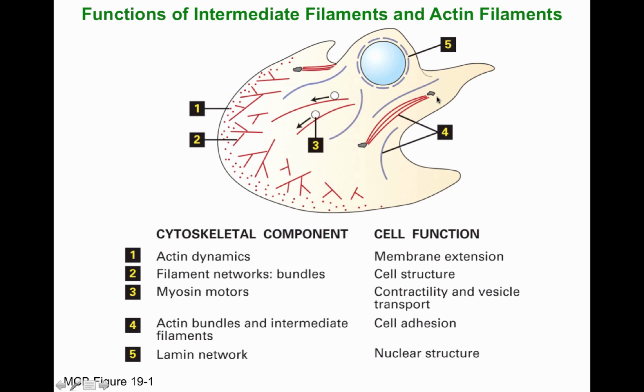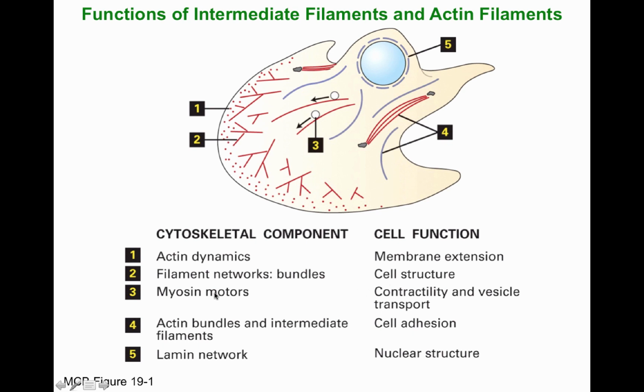Last but not least, number 5, you have a series of intermediate filaments and actin filaments that are used to mediate cell adhesion. The actin dynamics are able to induce membrane extension for movement. The filamentous network that generates the bundles gives the cell structure.